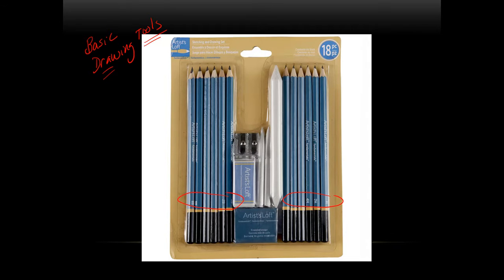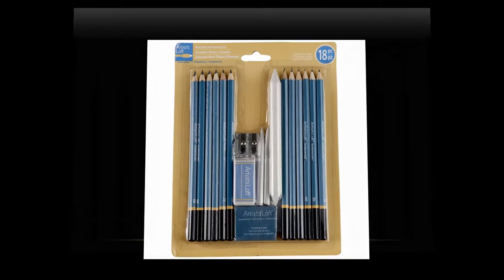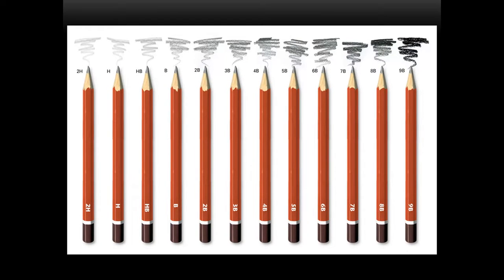There are two types of erasers over here, a pencil sharpener, and these are tortillons, instruments to smudge, as we will discover. So these are the basic tools of drawing. We shall talk about these individually.